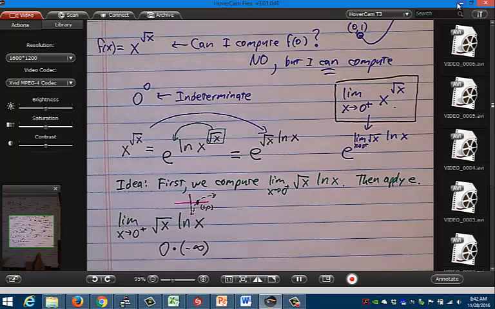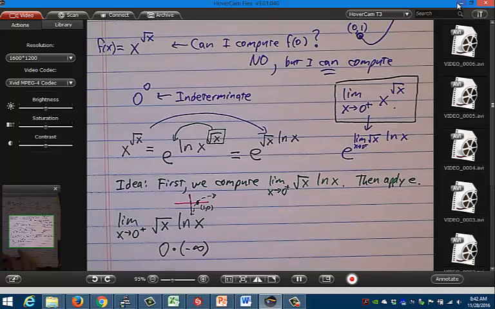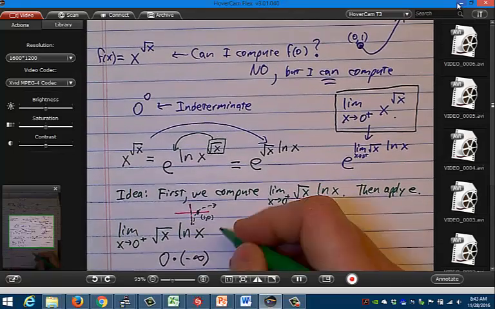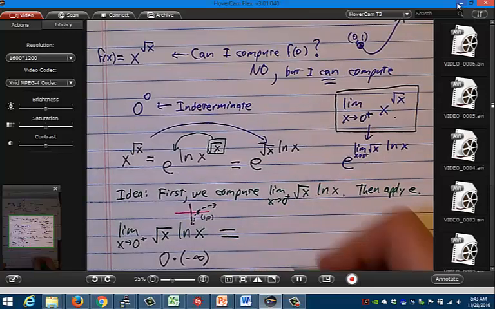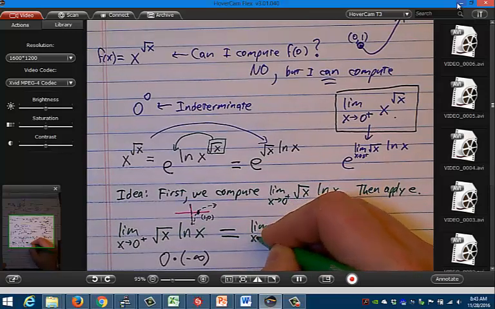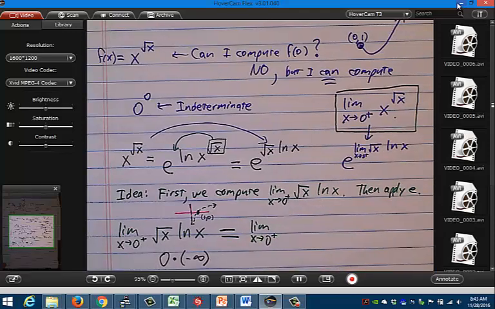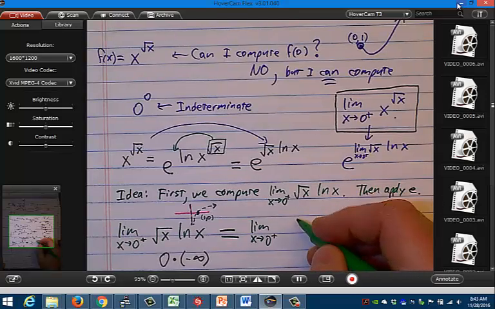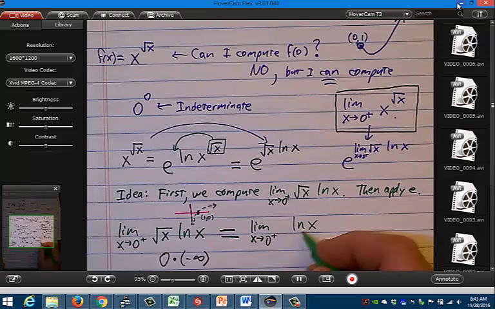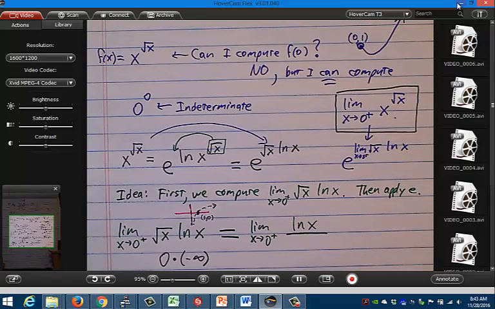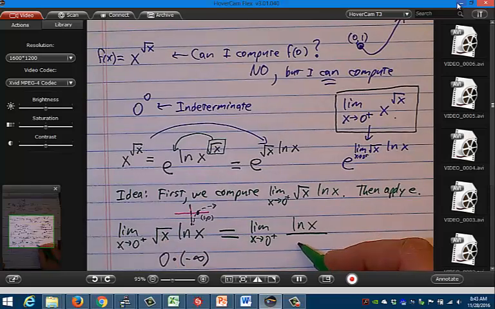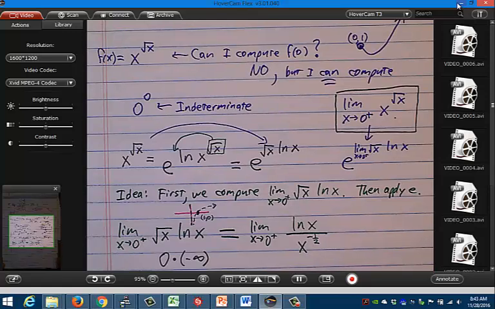So the reason L'Hopital's rule applies is because you can rewrite this now. You could say this equals the limit as x approaches 0 from the positive side, and maybe I'll write it as ln of x over, and instead of writing square root of x, which is x to the 1/2, I can put it down here and write it as x to the negative 1/2.